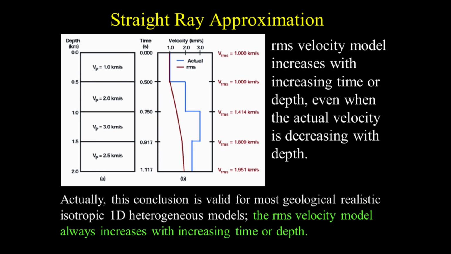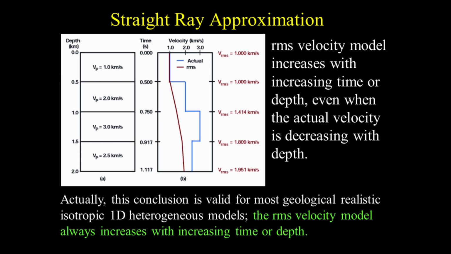Let's now look at some examples to provide more insight on the usefulness and limitations of the hyperbolic approximation based on RMS velocity. Here we show one 1D heterogeneous model and the equivalent RMS velocities obtained by using the formula of RMS velocity.